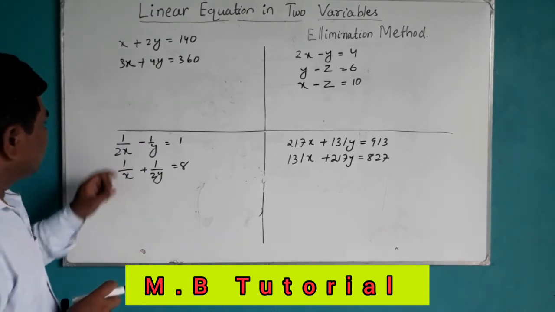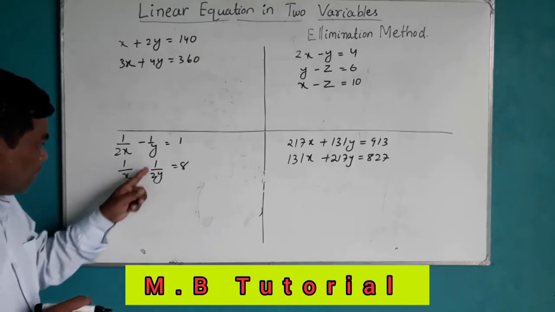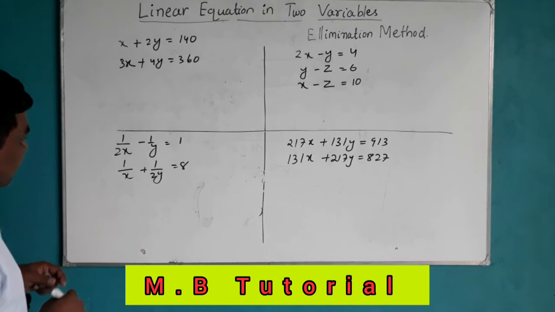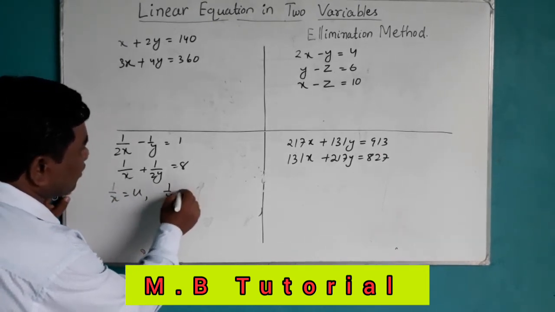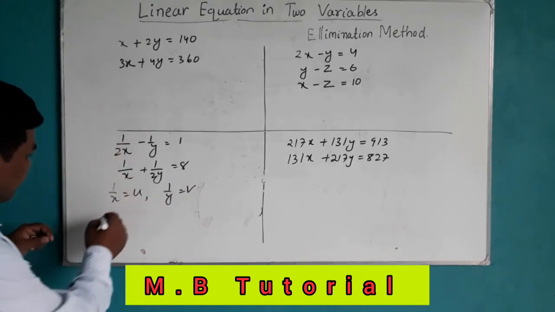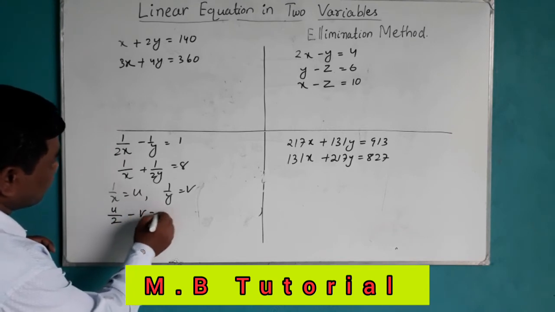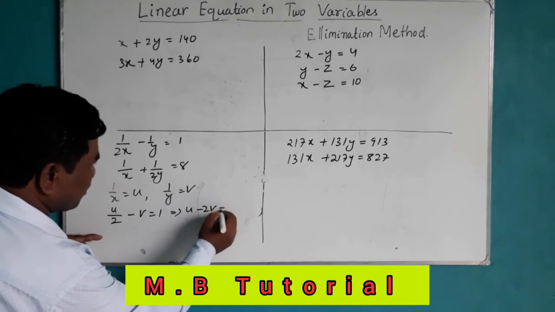In question 2, 1 by 2x minus 1 by y equal to 1 and 1 by x plus 1 by 2y equal to 8. Here you can solve it by taking 1 by x equal to u and 1 by y equal to b. By substituting these values in the equations, we get u by 2 minus b equal to 1, and solving it, u minus 2b equal to 2.